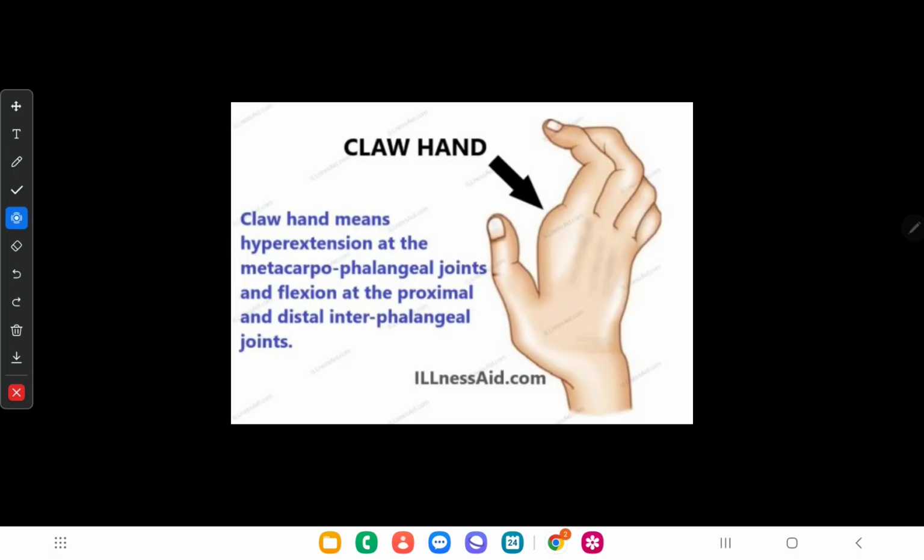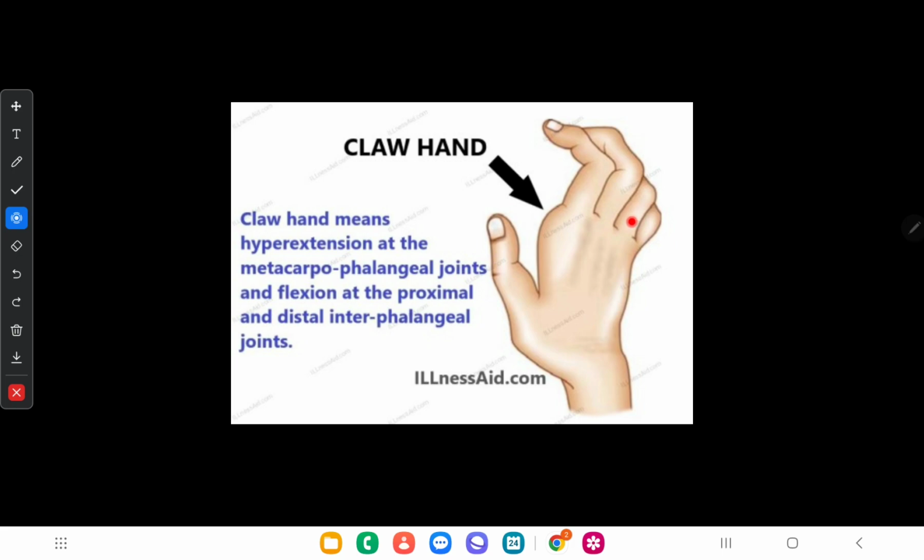Then we will discuss the clinical correlation of the ulnar nerve. When there is injury to the ulnar nerve at the level of the wrist, we can see the deformity claw hand. It paralyzes all the small muscles of the hand.